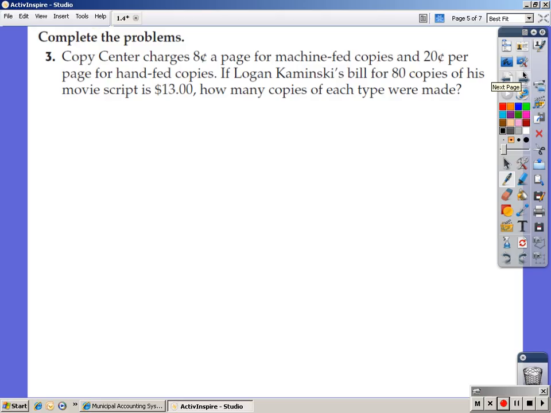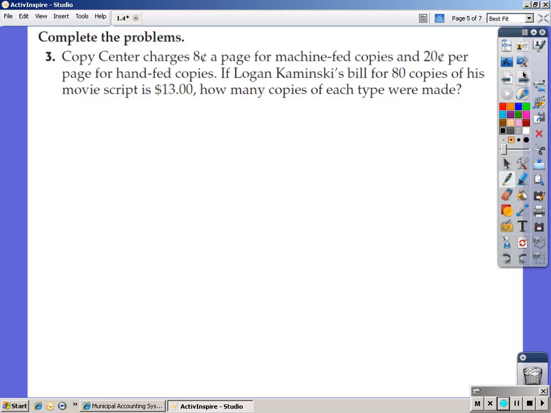It says, Copy Center charges 8 cents a page for machine-fed copies, 20 cents a page for hand-fed copies. If Logan Kaminsky's bill for 80 copies of his movie script is $13, how many copies of each type were made? All right, again, it's all in the setup.